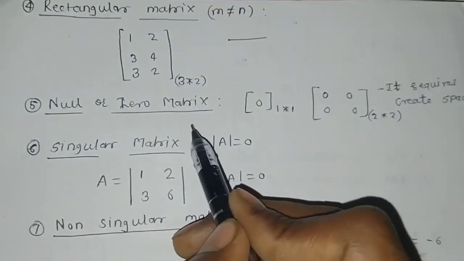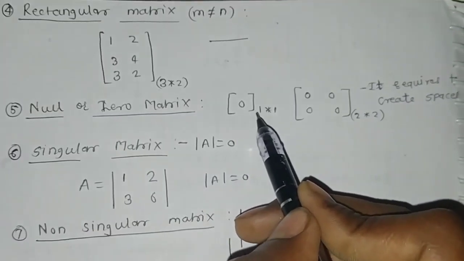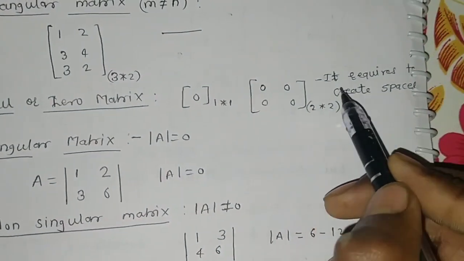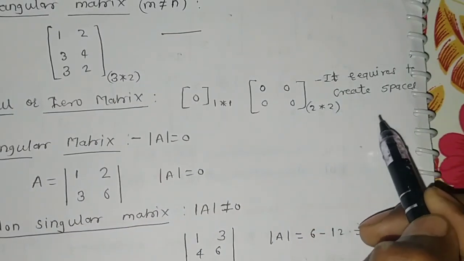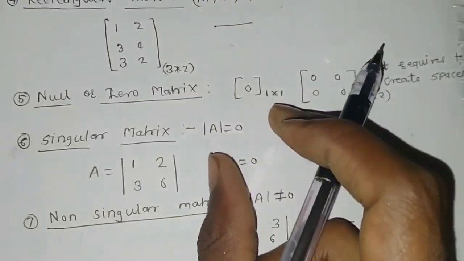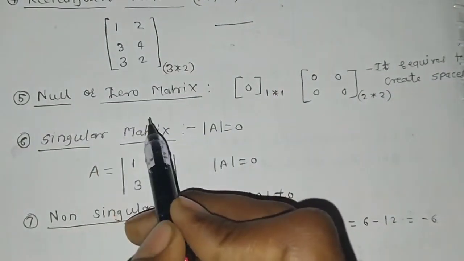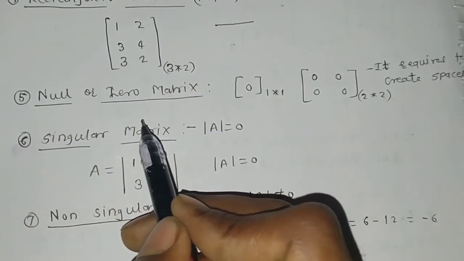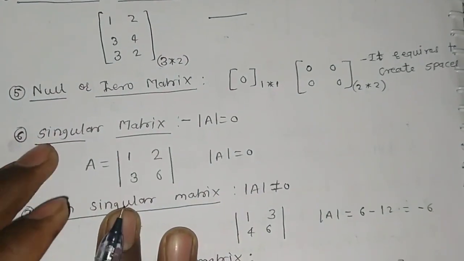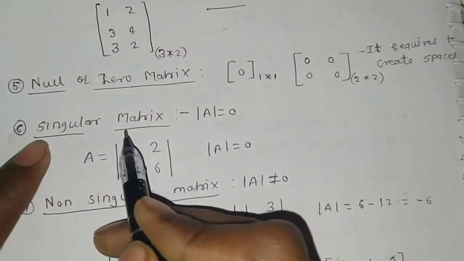So null or zero matrix means here simply zero elements. Okay, so here zero matrix, it is required to create space, means whenever we want to create space, then we have to just use this null matrix. Okay, so basically it is used in languages, for coding and decoding.